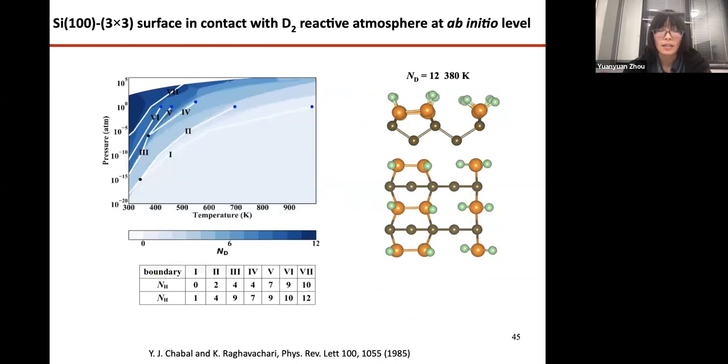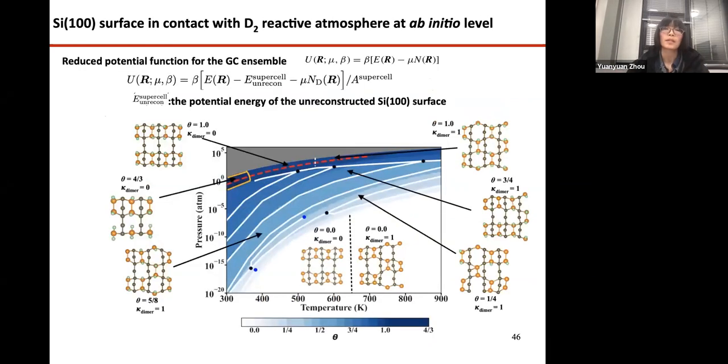Similar analysis can be performed for the 3x3 surface and also the structural information. But to compare with the experiment, which doesn't measure this small scale, this is the 4x4 result, this is 3x3. They measure large scale.